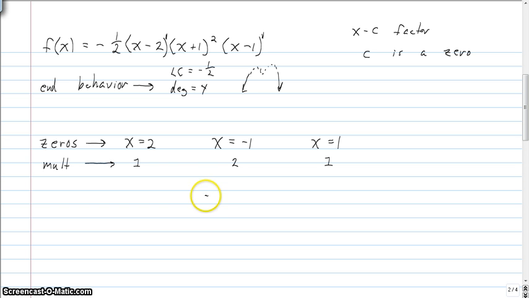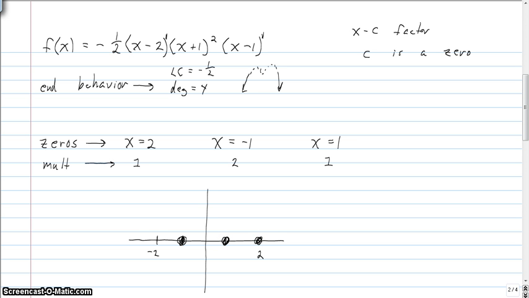So if we go to attempt to sketch the graph, what we can really do is think about where our zeros are, which are at -1, 1, and 2.